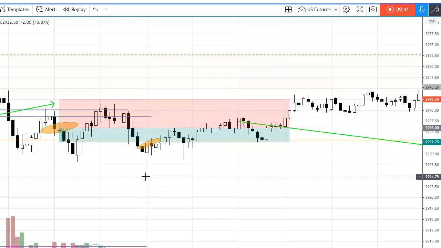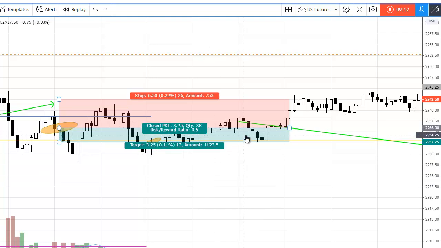So it's not a very significant or great reward to risk ratio, because if I hover here, you can see that it's just about 0.5. It's less than 1, but still, it didn't turn into a loss, so to me it's quite a nice trade.